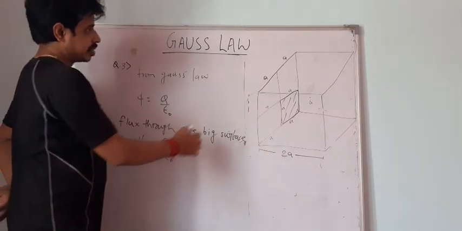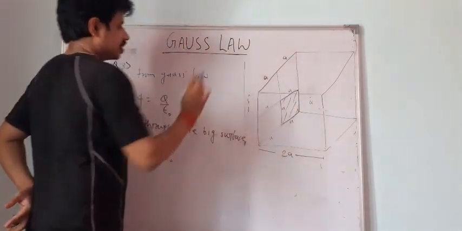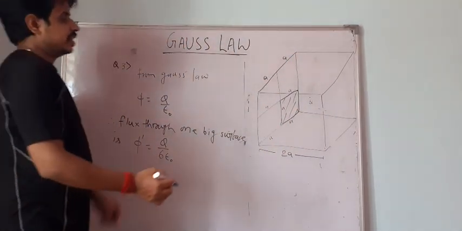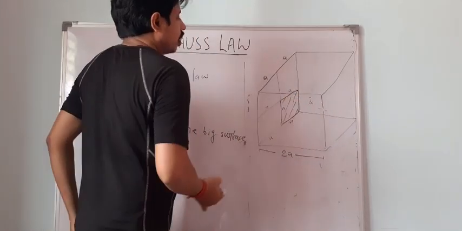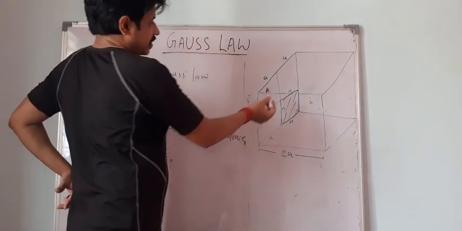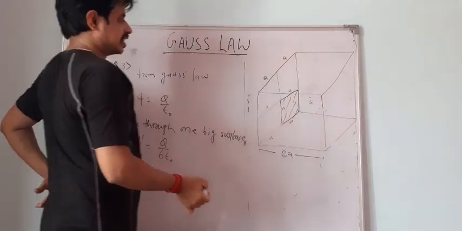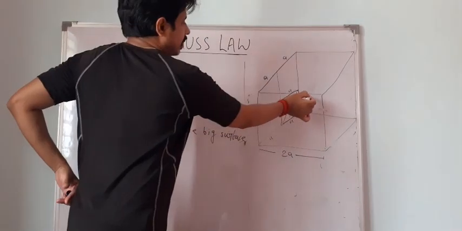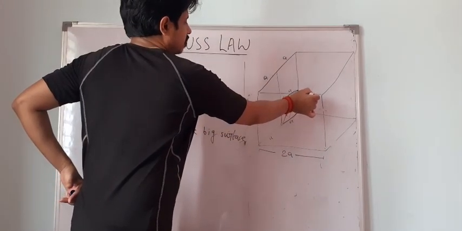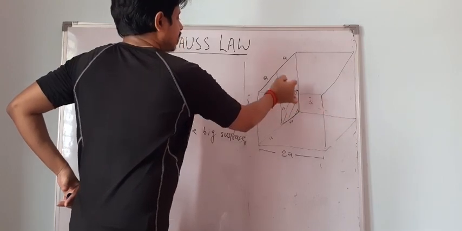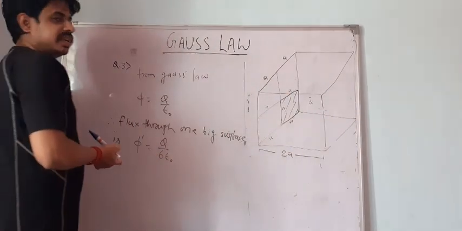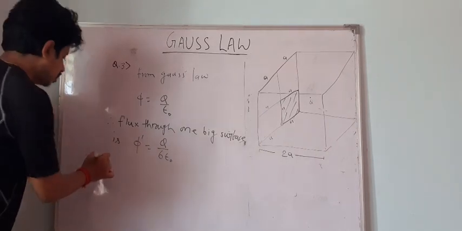So q by 6 epsilon naught is the flux through this one surface. Further, I need the flux through this. So since these 4 small squares A by A are also symmetric in all respects with respect to this point charge, all 4 are symmetric. So further it will be divided by 4.